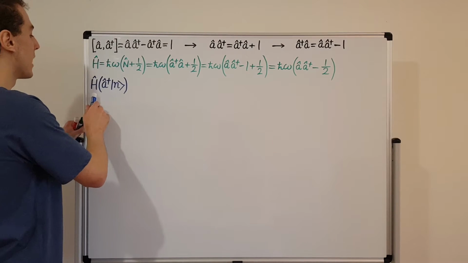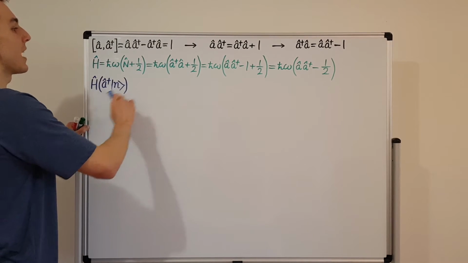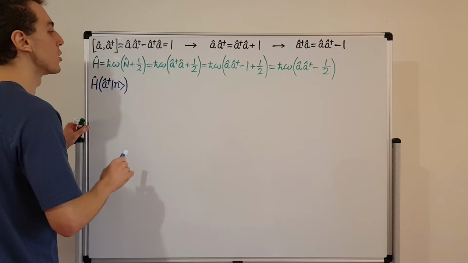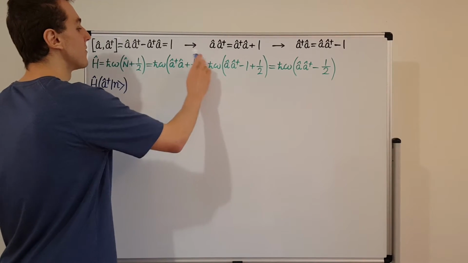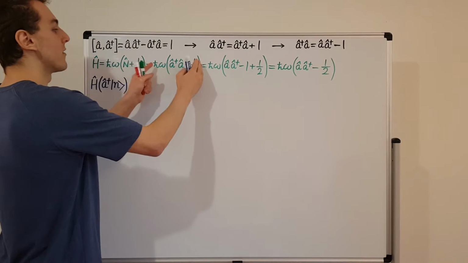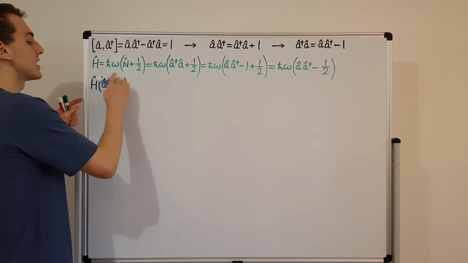Now I want to take the definition of the Hamiltonian that's most convenient to use, and for this situation, this definition is most convenient. I'm going to apply it to this combination.